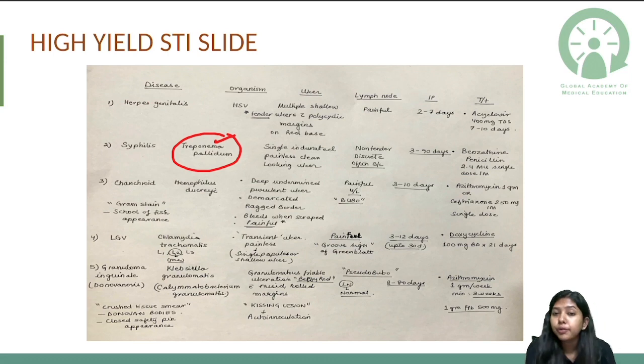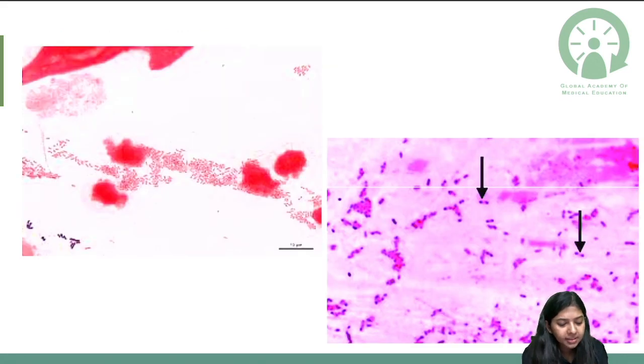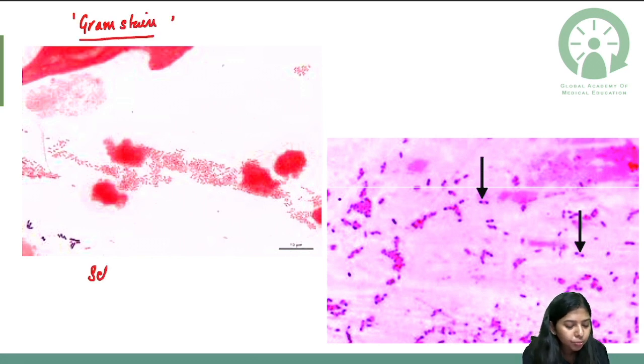Chancroid, the causative organism we discussed was Haemophilus ducreyi, and you get a very deep undermined purulent ulcer, right? And it will have a ragged border, and it is very painful, and you get painful unilateral lymphadenopathy, right? If you do a gram stain, see, this is the gram stain from ulcer, you get a school of fish appearance.